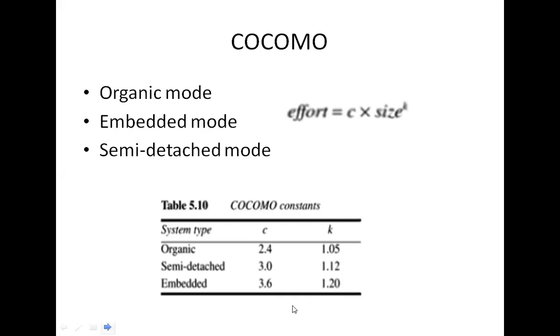The basic model was built around the equation effort equals C times size to the power K. Effort is measured in person-months, PM, where one person-month consists of 152 working hours.